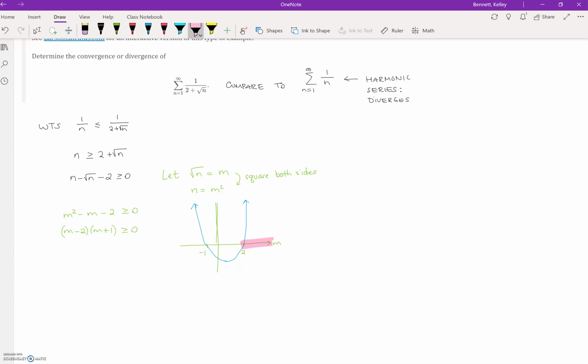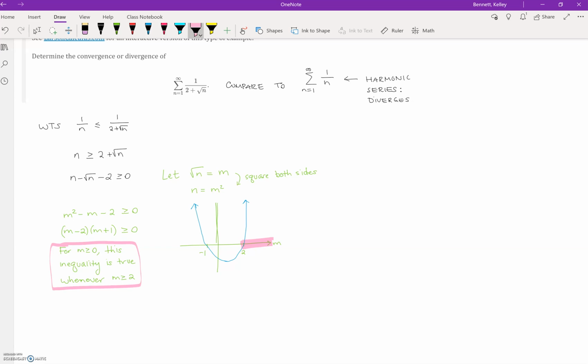So this tells me that this quadratic inequality, if I'm considering only positive m values, so for m greater than or equal to 0, is true whenever m is greater than or equal to 2, right? So that's really what I'm trying to show you with the graph of the parabola.